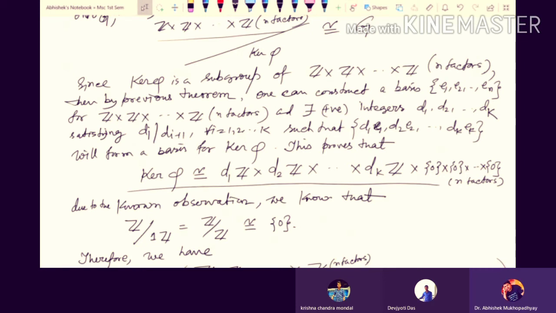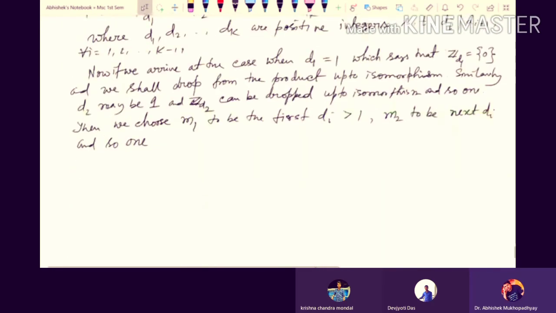Actually, we are considering G to be a non-zero finitely generated abelian group. And this completes the proof.